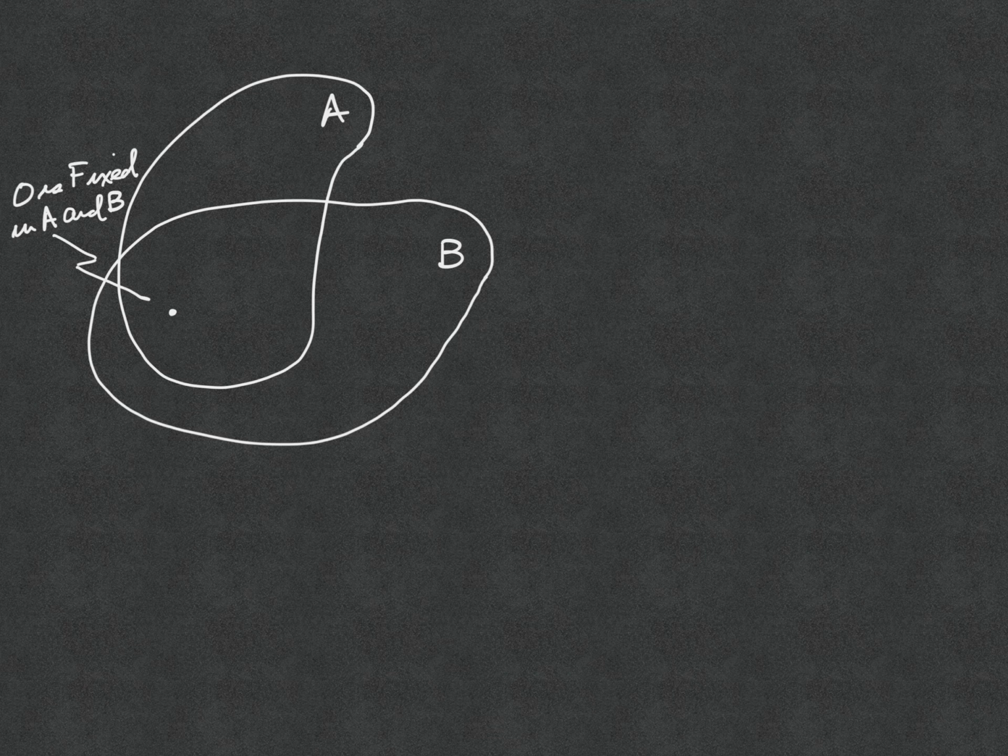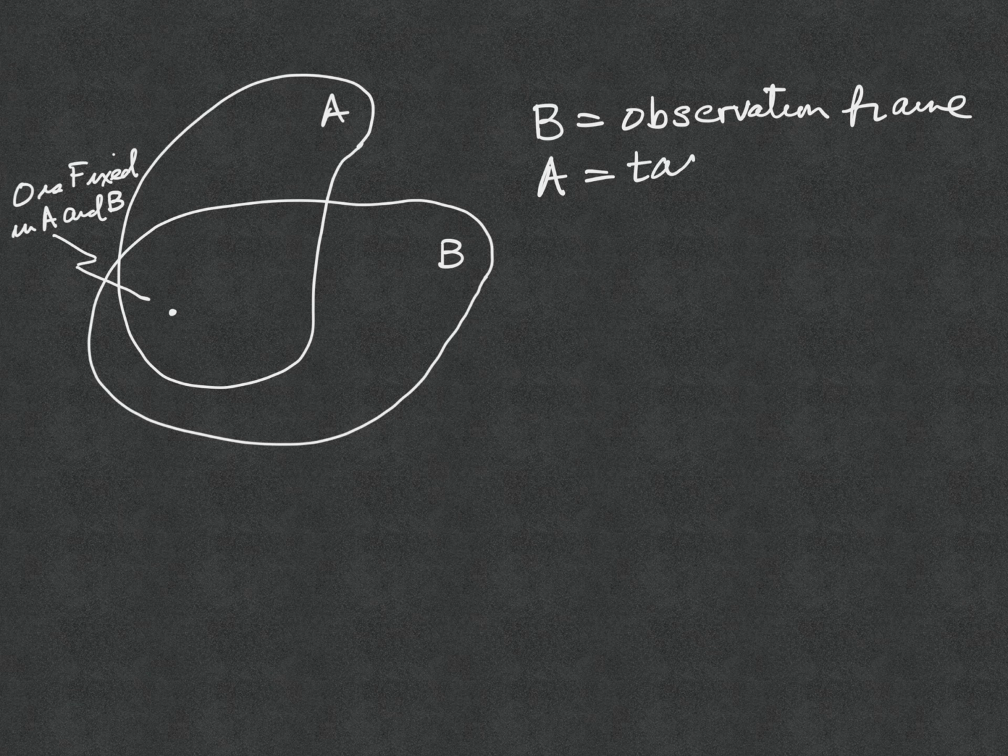I'm going to say that B is what's called the observation frame, and I'm going to call A the target frame. What I mean by that is that the observation frame is the frame in which I'm standing and I can see what this vector B is doing. There's my vector B, and I can see what it is doing.